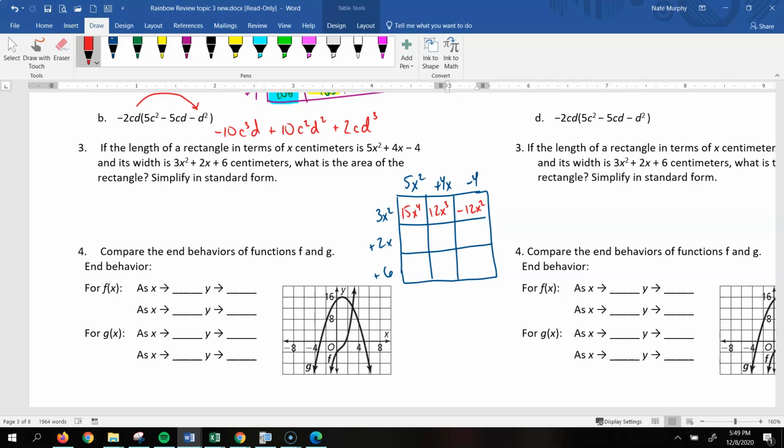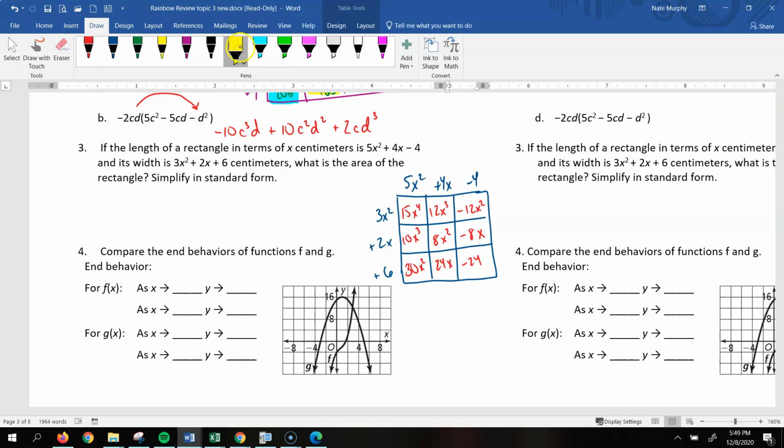Next row, 2x times 5x squared would be 10x cubed. 2x times 4x would be 8x squared. 2x times negative 4 would be negative 8x. And lastly, 6 times 5x squared would be 30x squared. 6 times 4x would be 24x, and 6 times negative 4 would be negative 24.